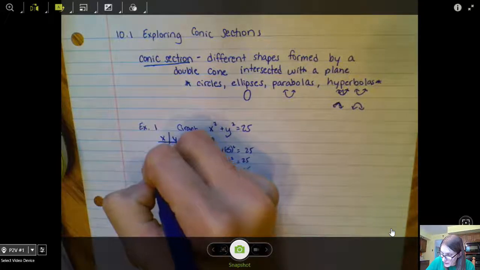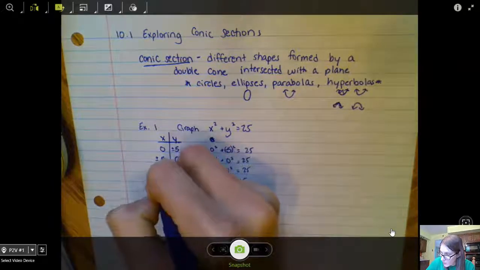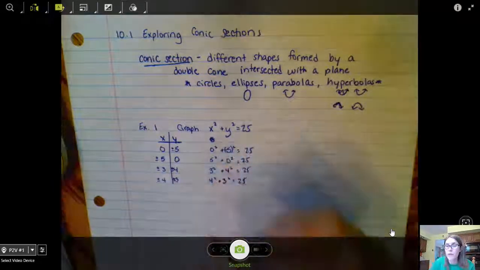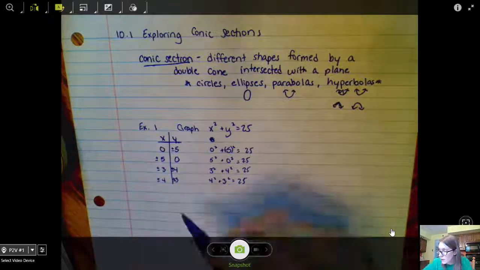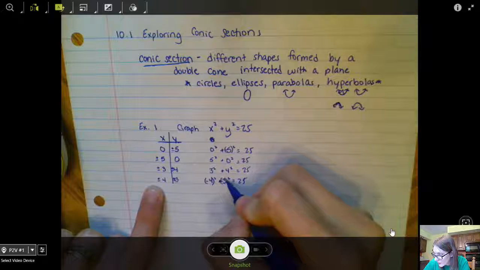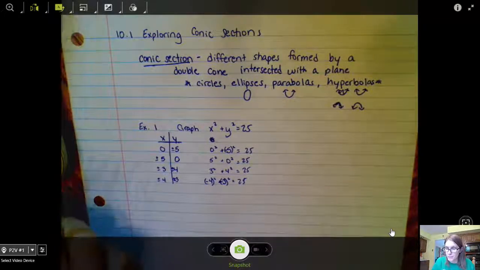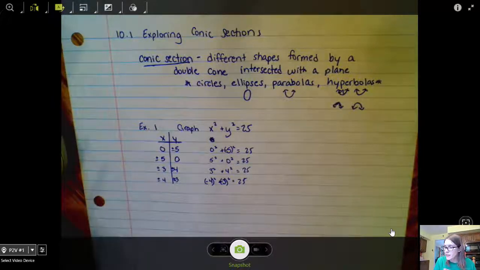Same thing with this x value. Both my x and my y here. Those could all be positive or negative. If I look at this one, negative 4 squared plus negative 3 squared, that's still 16 and that's still 9. That works too. Now, that's a pretty darn good list of some ordered pairs.